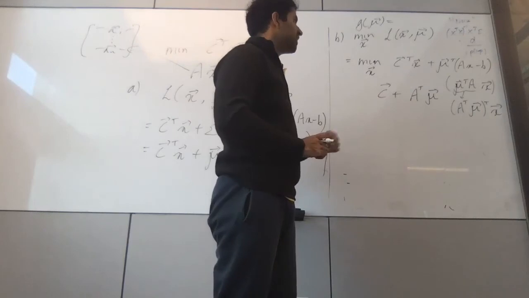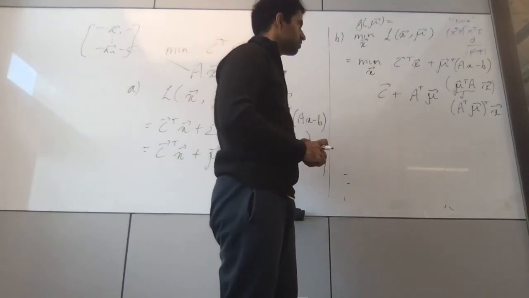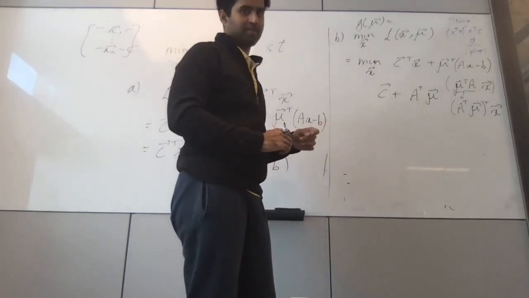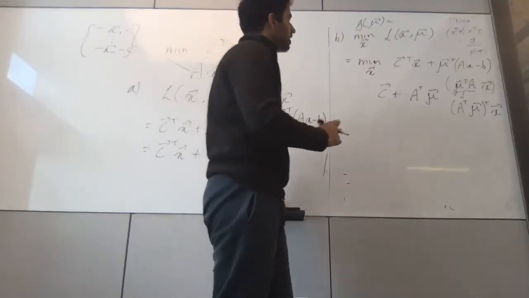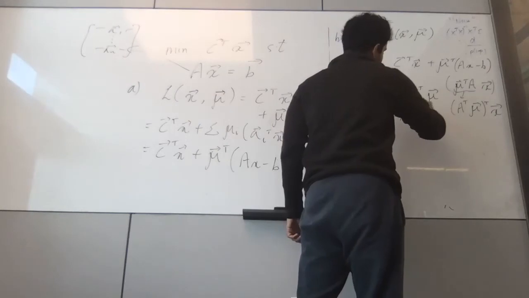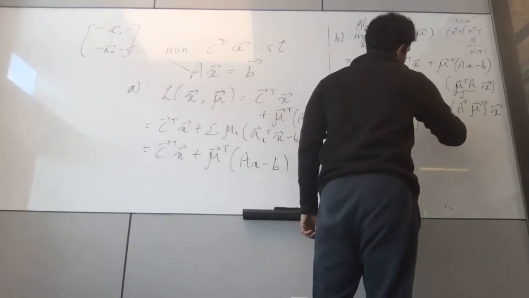So when is the derivative equal to 0? It doesn't even depend on x, right? So this derivative is only equal to 0 if c plus A transpose mu is equal to 0.